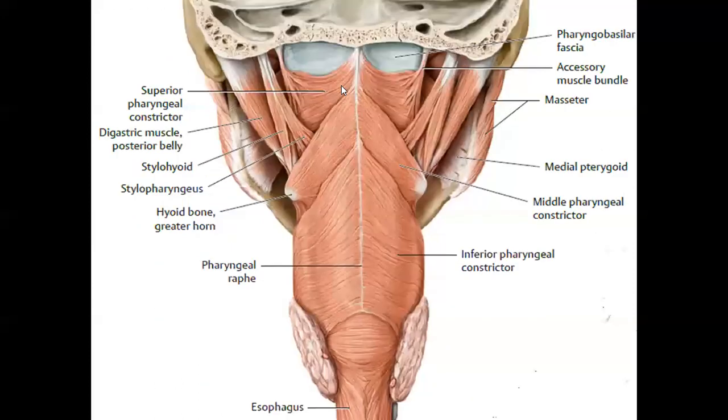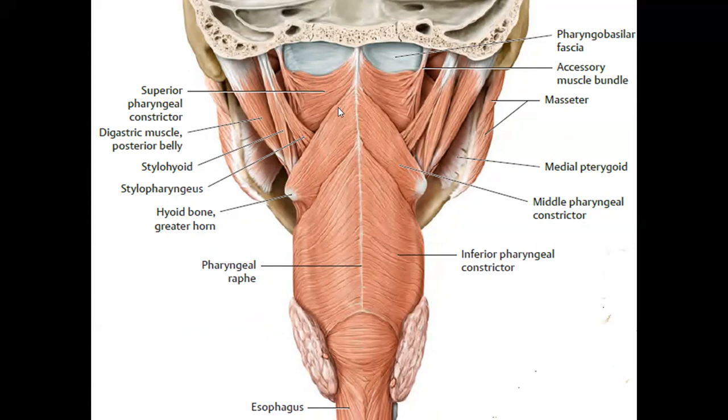It is inserted into the pharyngeal tubercle and the median fibrous raphe. This muscle is supplied by the pharyngeal branch of the vagus nerve. The pharyngeal branch of the vagus nerve carries some of the fibers from the cranial root of the accessory nerve, that is the 11th cranial nerve. The function of this muscle is that it helps in deglutition.